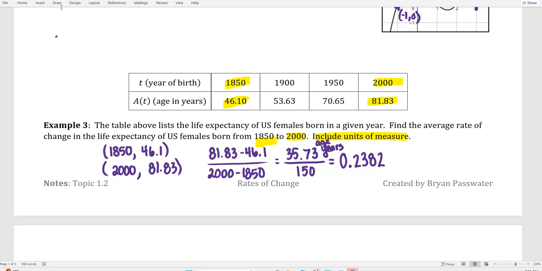This is a weird one. It's age in years. And then 150 is also years. This is weird, right? But so our answer is 0.2382 years per year.